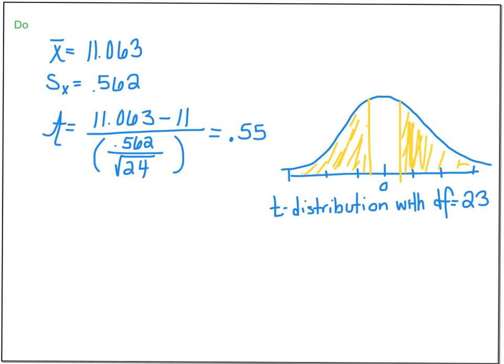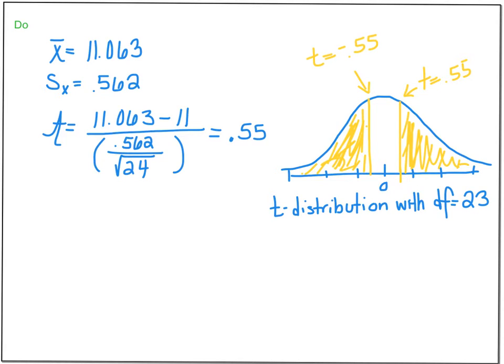So you can probably see already that this is not going to be a very rare occurrence. But let's finish this off, and I'm just going to label this as t is equal to 0.55, and over here t is equal to negative 0.55.